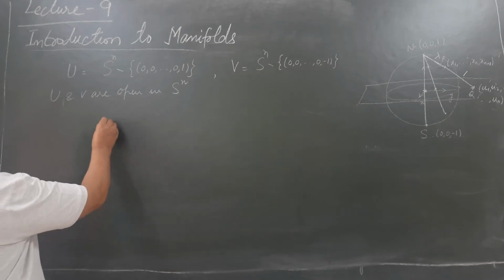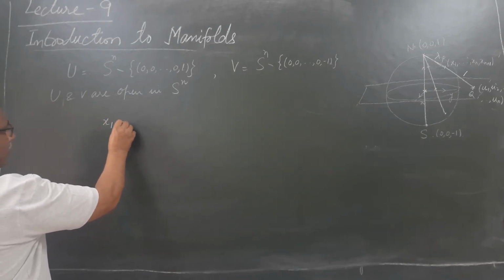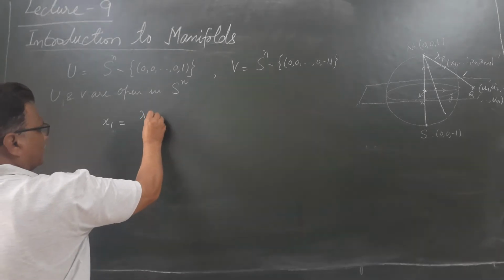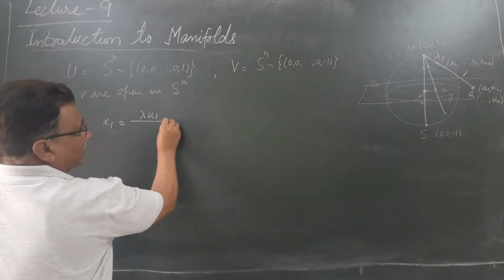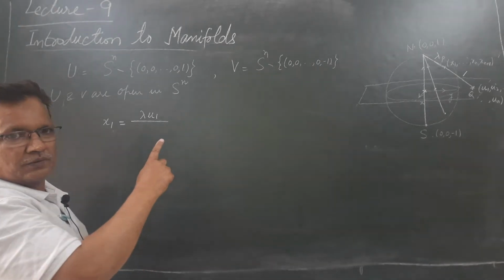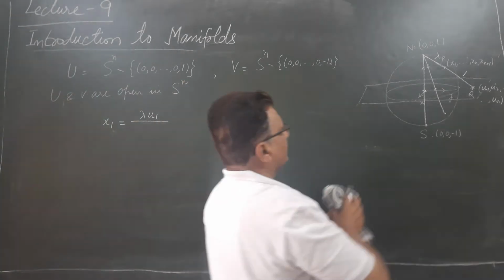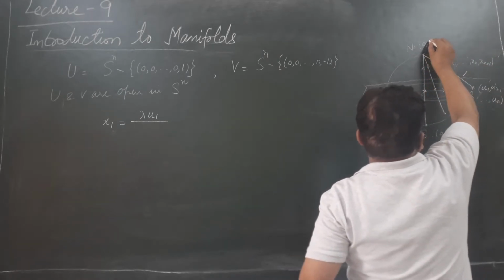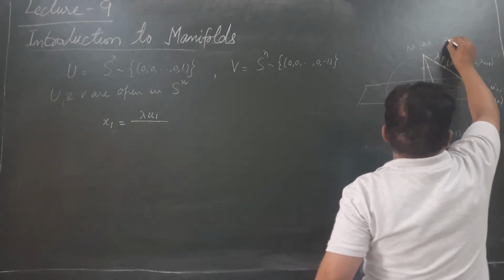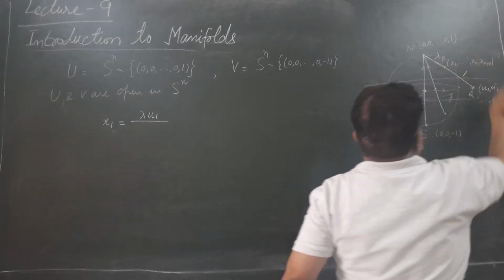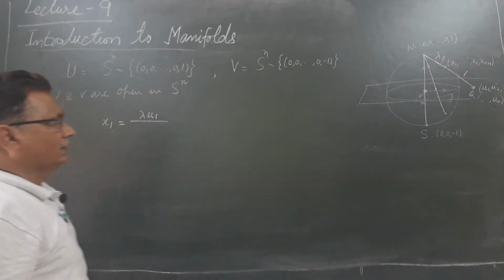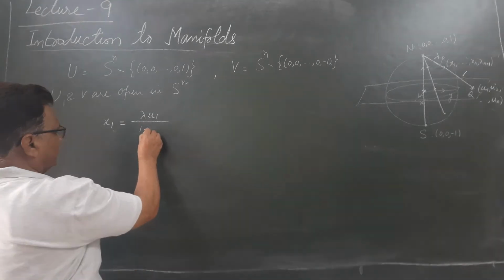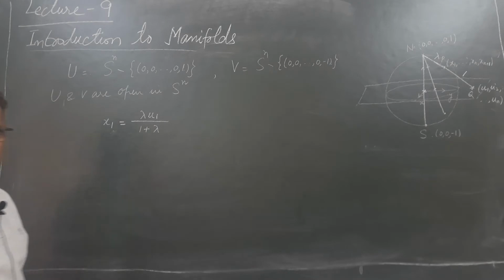So x1 will be equal to lambda times u1 plus 1 times 0. So that n will also get 0, 0. Yes, n in this general case will not be 0, 0, 1, it will be n zeros and the n plus 1th entry is 1. So 1 times 0, so nothing, and downstairs 1 plus lambda.